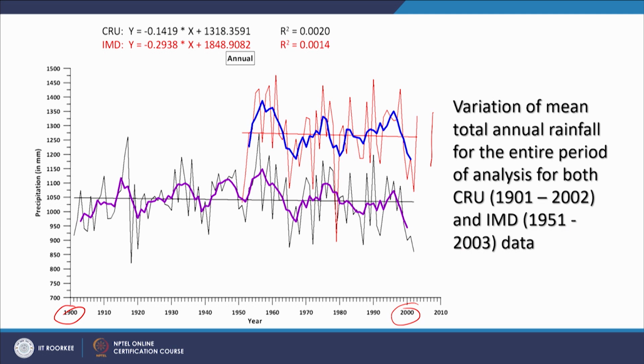And what do you observe? You observe this best fit line, and you can see the R square values also. That means overall, the input of water from the atmosphere over India has not reduced significantly.